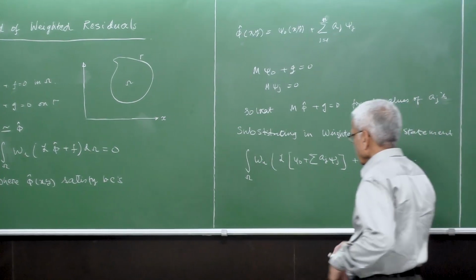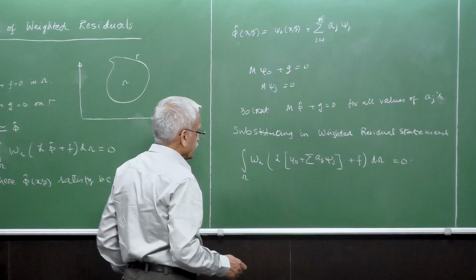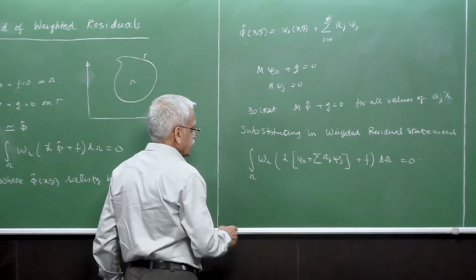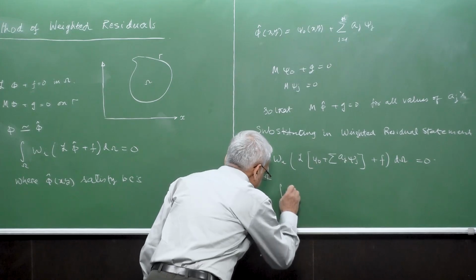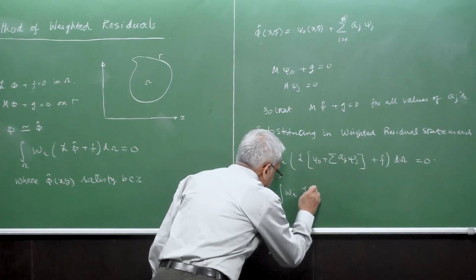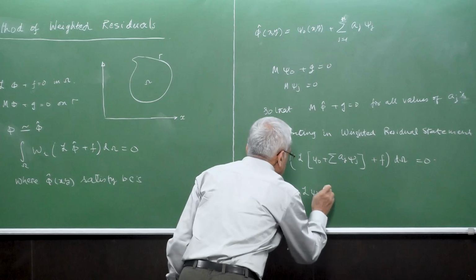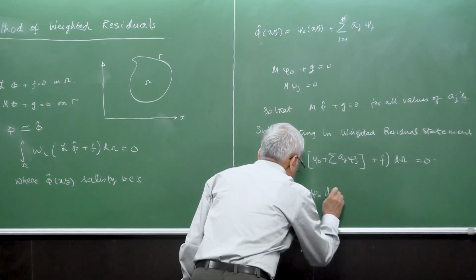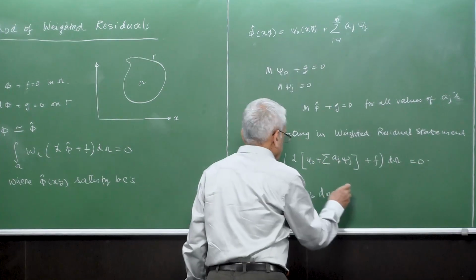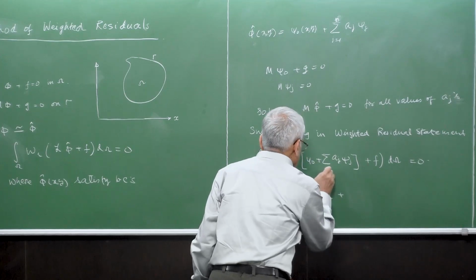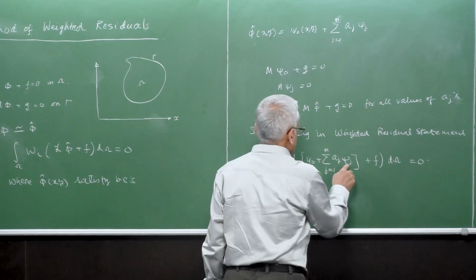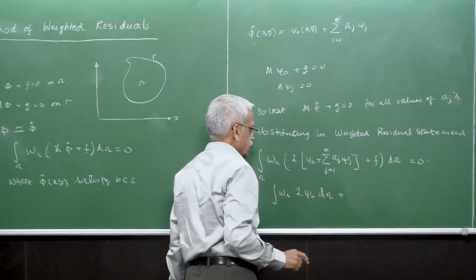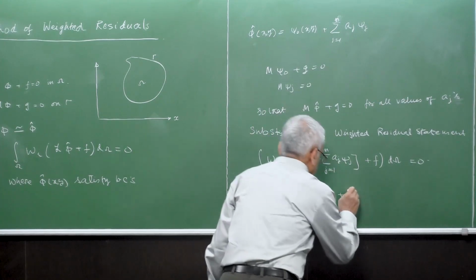So let's try to expand this one, and let's collect these things. The first term is Wi L psi naught. And for the second one there is a summation, and this L operator will be acting on psi j, because aj is constant, and there's a Wi.